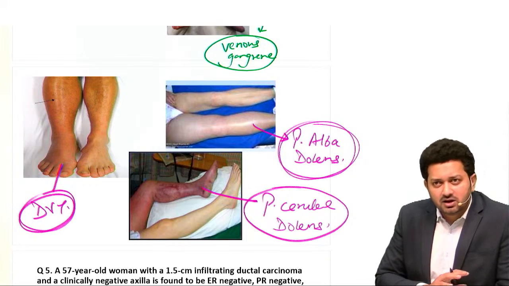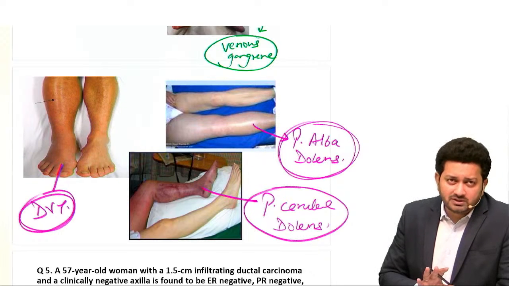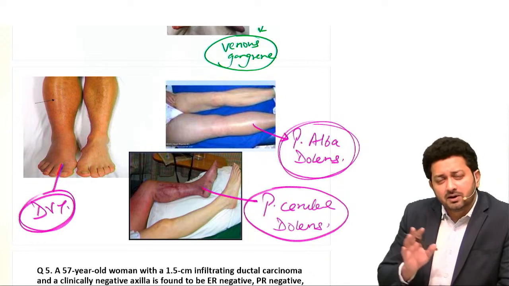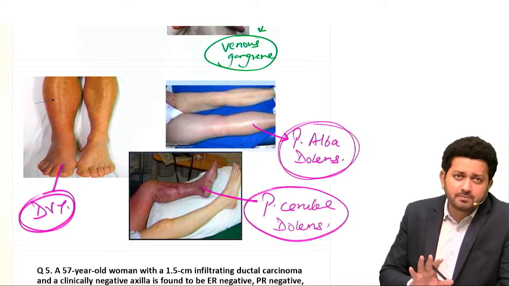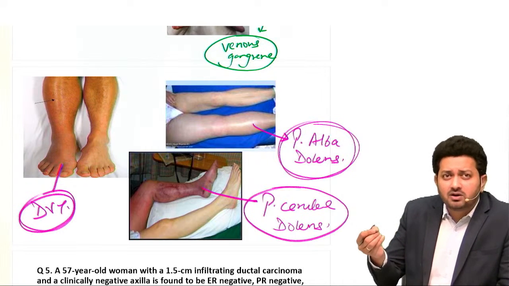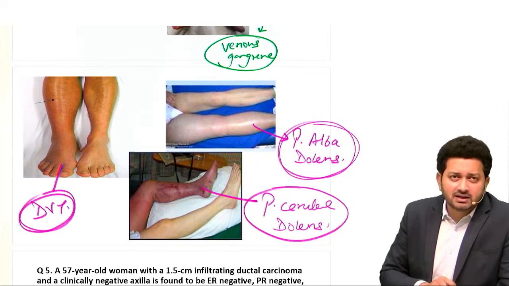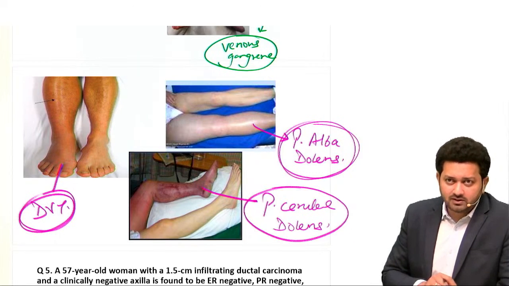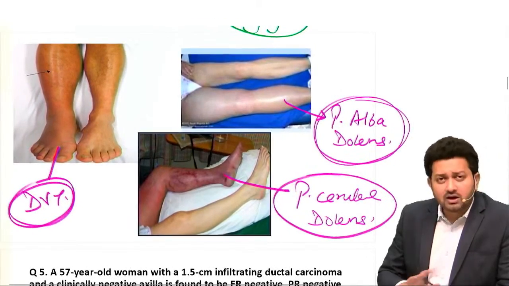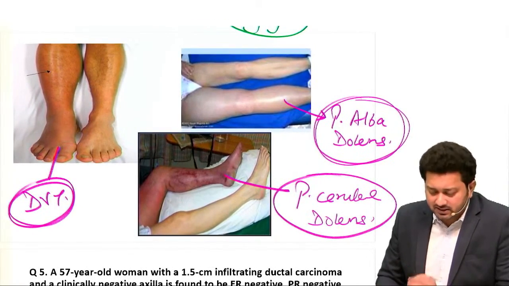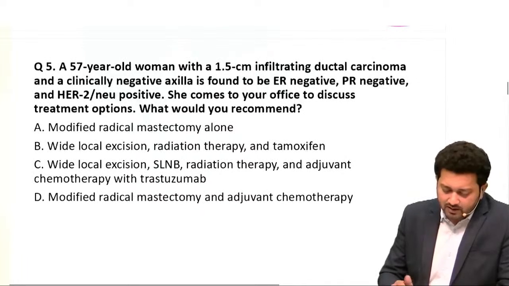So in no case can you do observation. You have to start the treatment. In alba dolens also, you start the low molecular weight heparin, then you wait and see the response. If you see that the response is not good, in this case also you can go for catheter directed thrombolysis. Observation as such is an absolute no in DVT.